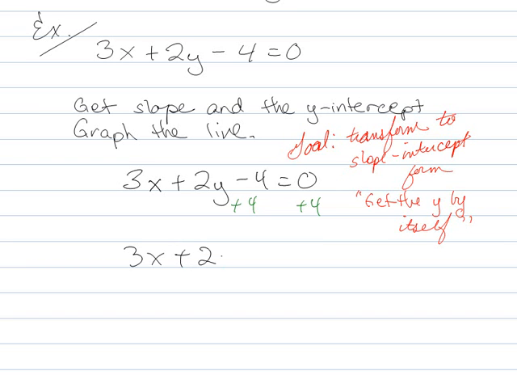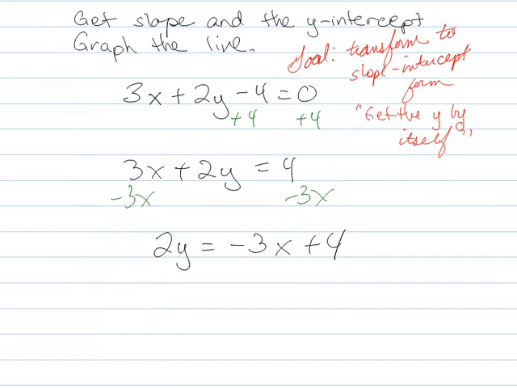3x plus 2y equals 4. Then I'm going to subtract 3x on both sides. Gives me 2y equals negative 3x plus 4. Then we want to get the y by itself, so we'll divide both sides by 2.